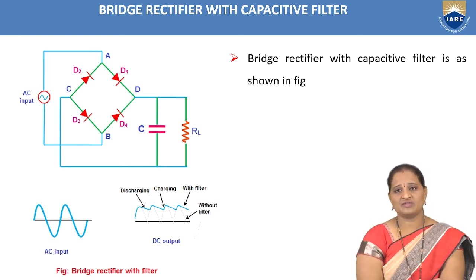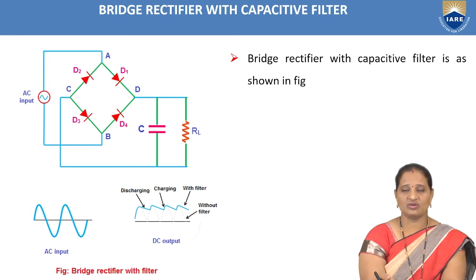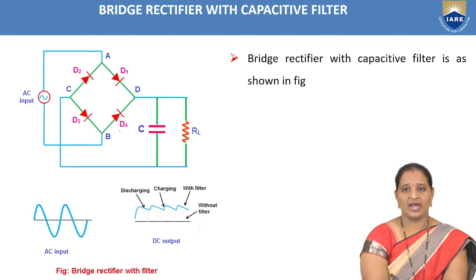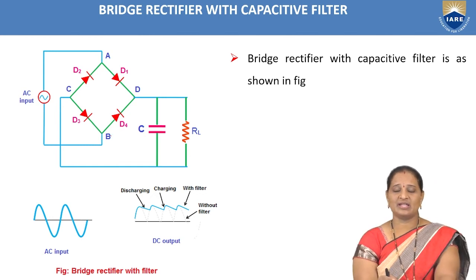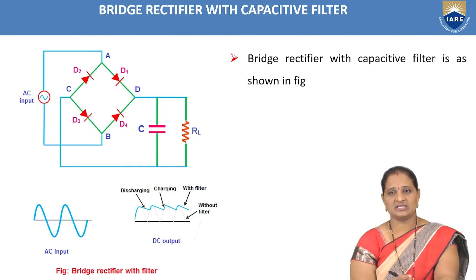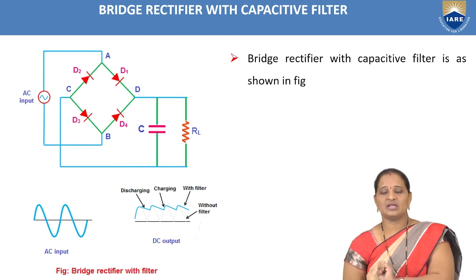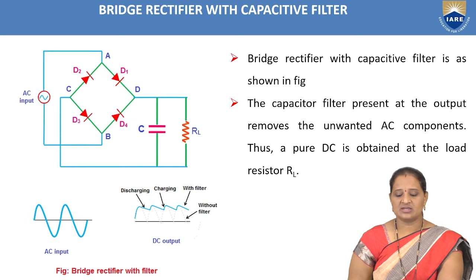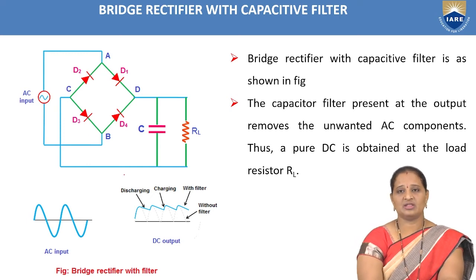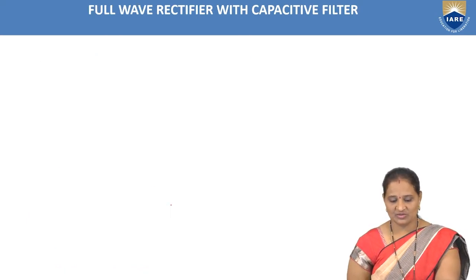And during the negative half cycle, the other two diodes will be conducting, and the two diodes will be non-conducting. That means in either of the half cycles, current will be flowing, and hence the capacitor charges and also discharges. So this is the bridge rectifier with capacitive filter.